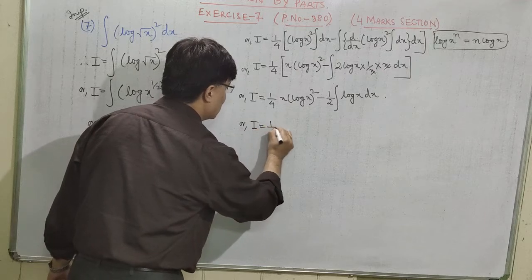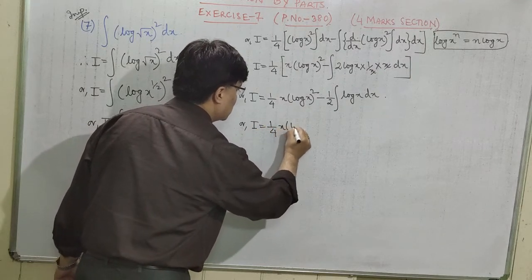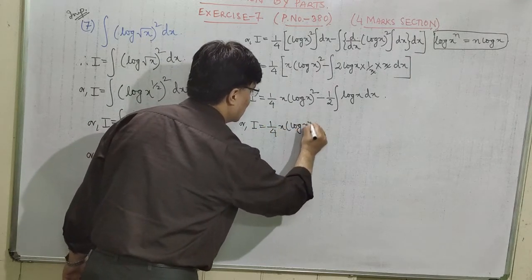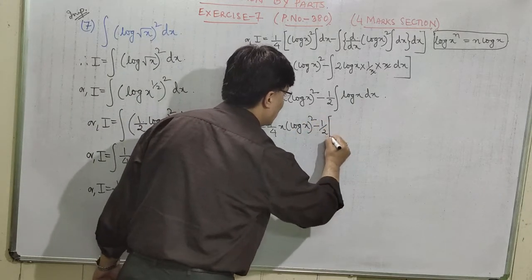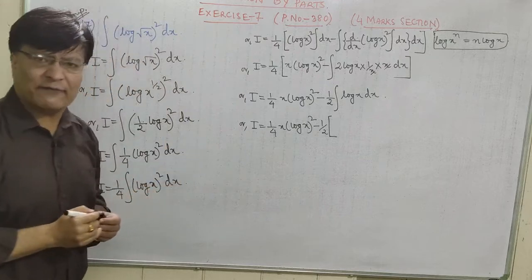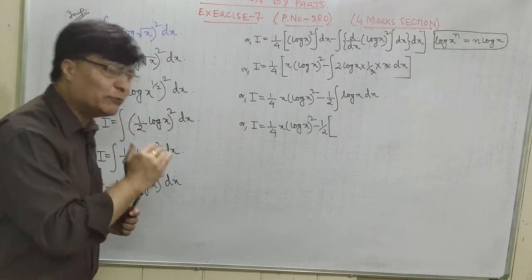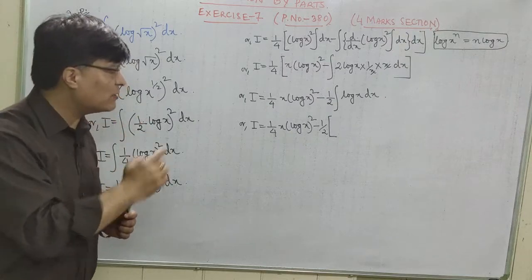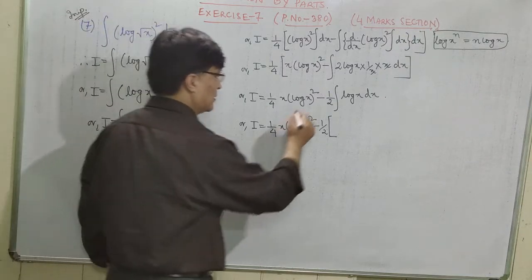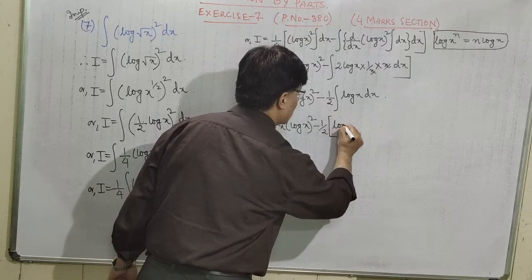So I is equal to 1/4 x (log x) whole square minus half, now within the bracket, because minus half constant is there. So you have to use integration by parts within the bracket. Write integration by parts within the bracket. So log x is the first function.